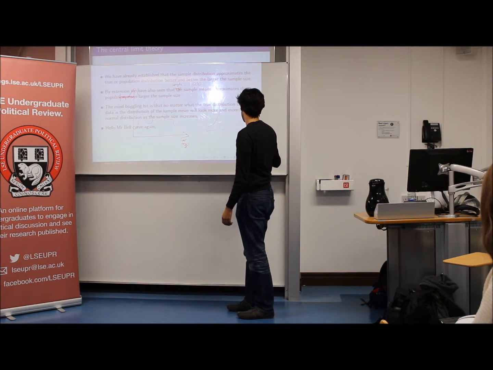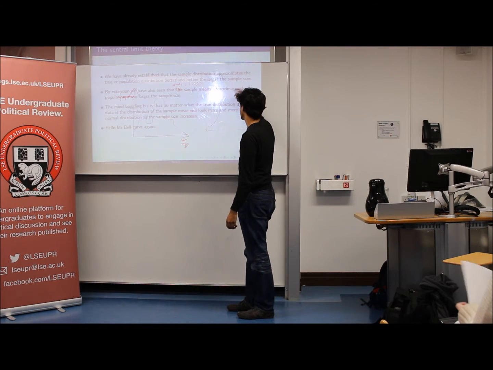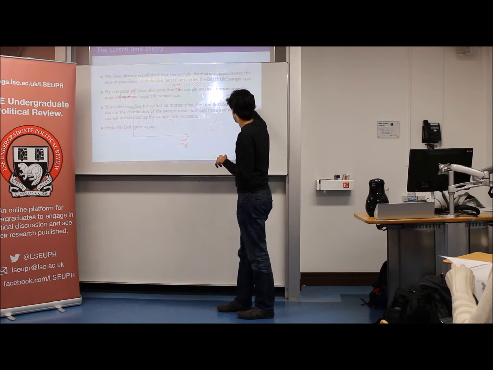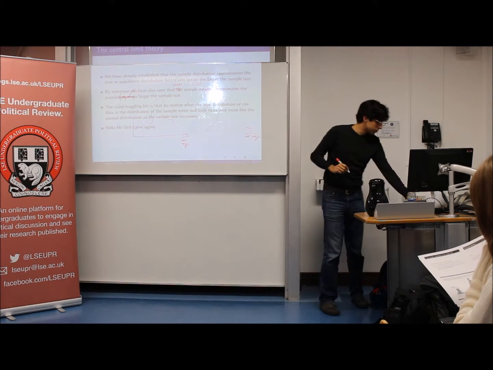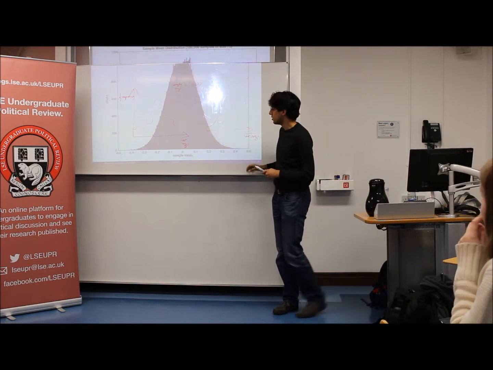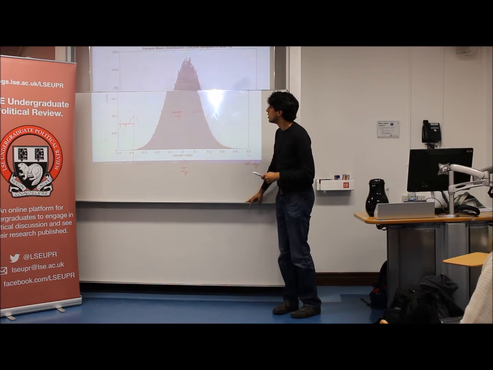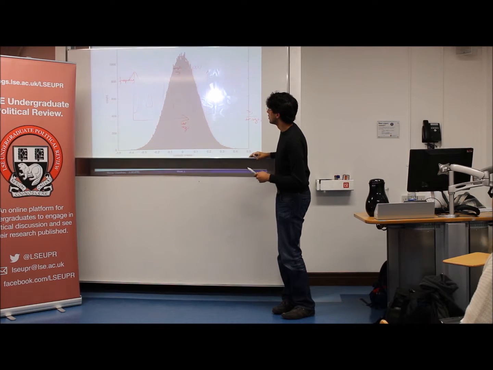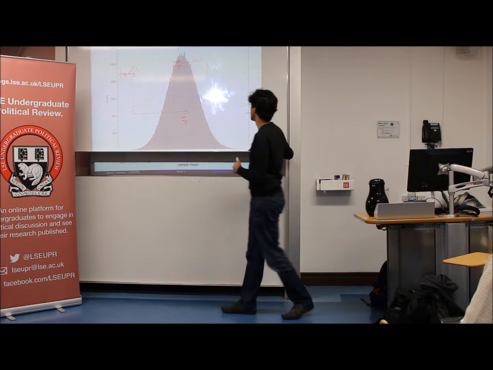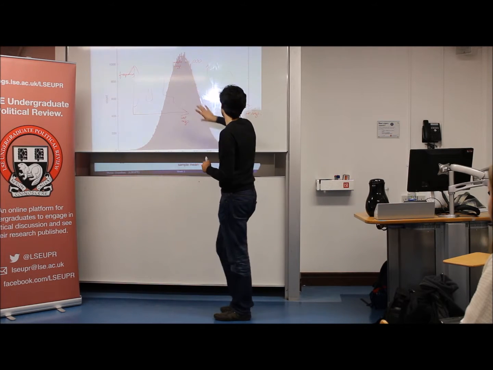So imagine we did this for 10,000 values. I think I have a graph on the next page which demonstrates this better. Okay, so I'm going to try to capture this idea here.